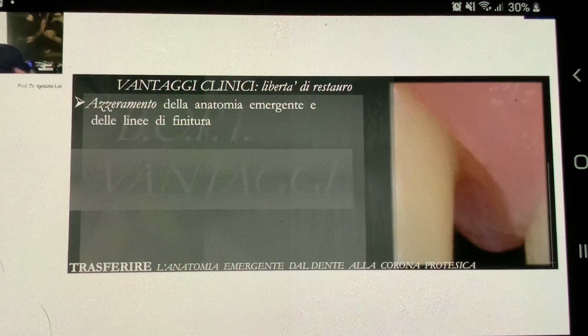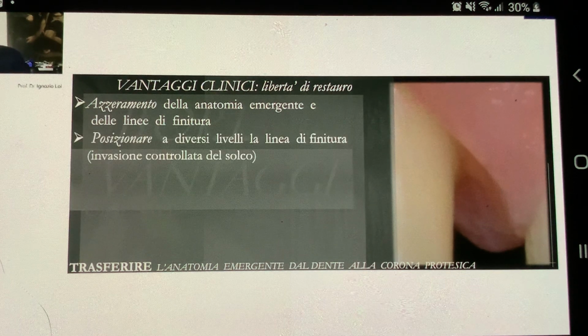So with our preparation, we can erase the emerging anatomy of a tooth, or if the tooth has already been treated with finish line, we can eliminate that, creating a vertical part, and we can intervene with the position at different levels of upper line based on the invasion of the groove and the volume we need to interact with the tissues.